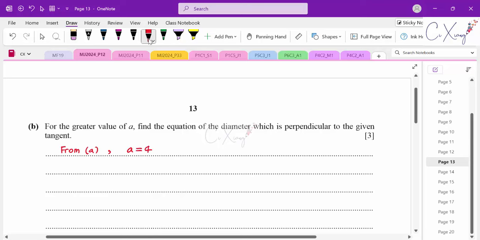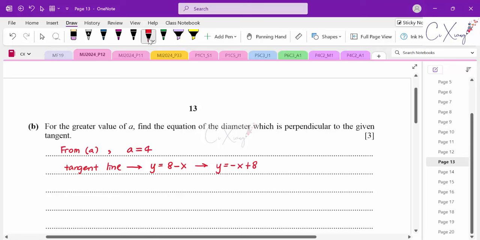Therefore, for the tangent line in part A, if I substitute a equals 4 into the equation, your tangent line basically is y minus 4 times 2 is 8 minus x, or you can write it as y equals negative x plus 8.